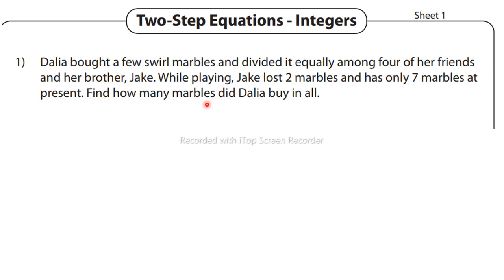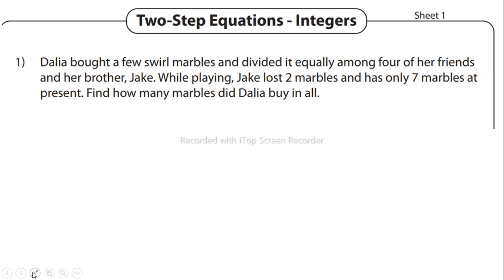Wow, find out how many marbles Dahlia bought in all. This is interesting. Alright, so Dahlia bought a few swirl marbles, divided it equally among her friends and her brother Jake. So we're trying to figure out how many marbles Dahlia bought, right?